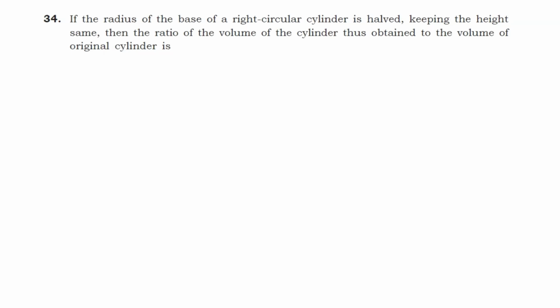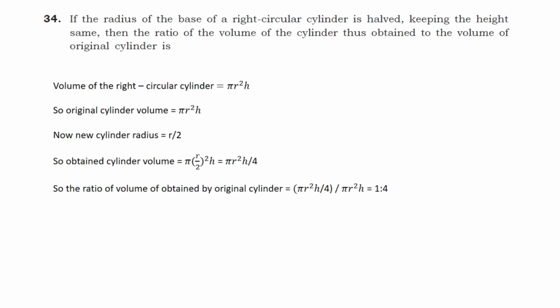Next question, if the radius of the base of a right circular cylinder is halved, keeping the height same, then the ratio of the volume of the cylinder obtained to the volume of the original cylinder is. Here he has taken a right circular cylinder, halved the radius of the base and kept the height same. So he wants to know the ratio of the volume of the cylinder obtained to the volume of the original cylinder. The volume of a right circular cylinder formula is pi r square h.